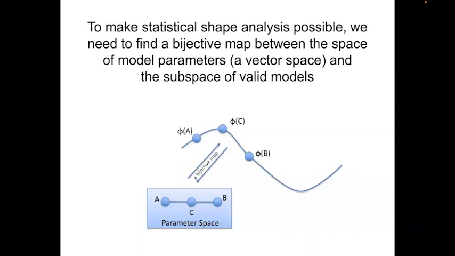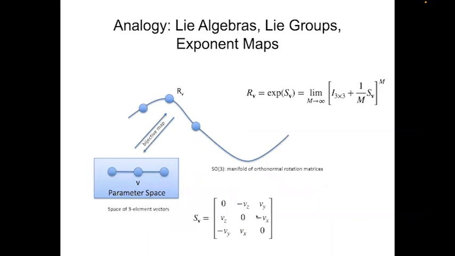So its rows are orthogonal to each other, and the dot product of each row with itself is 1. So it's a special kind of manifold of 3x3 matrices that satisfy these conditions. It has a name, SO(3). And if you take two rotation matrices and you average them, just average their coefficients, it will no longer be an orthonormal matrix. It will no longer be a rotation matrix.